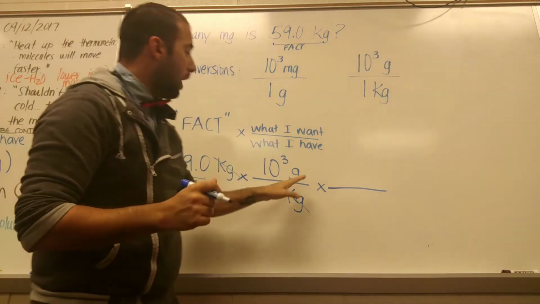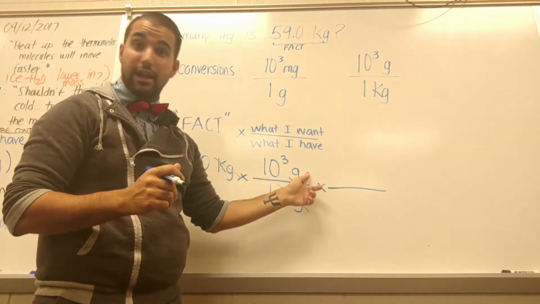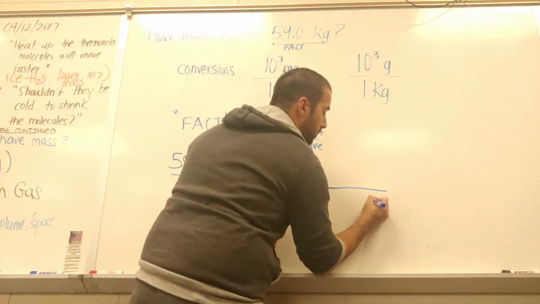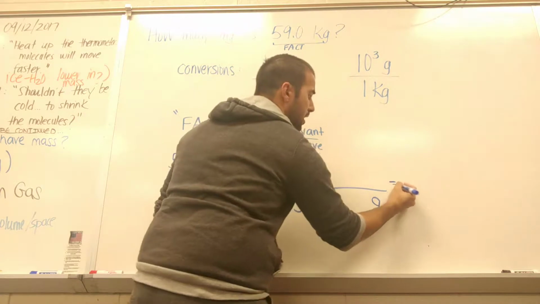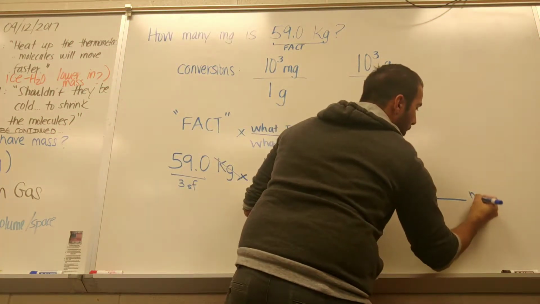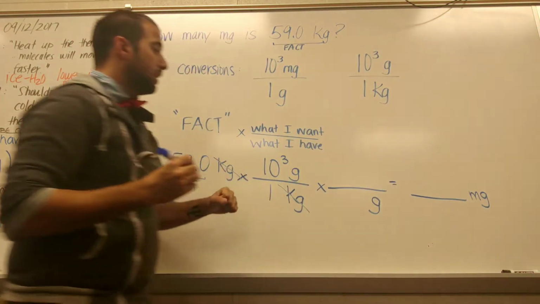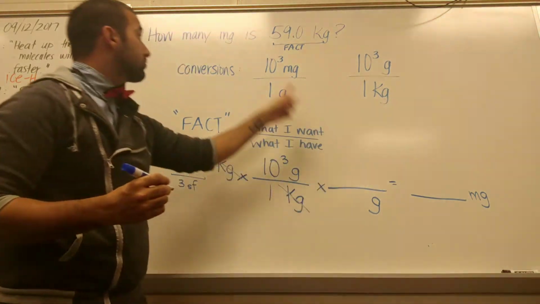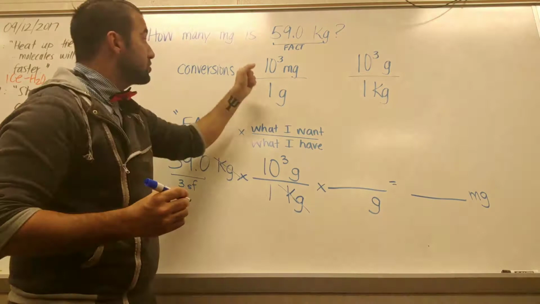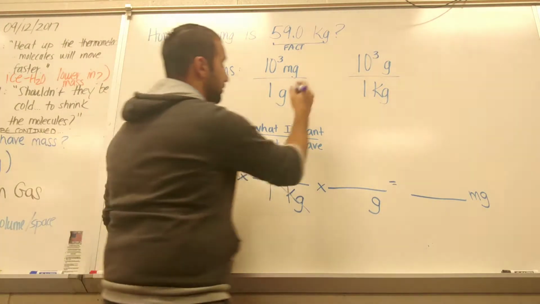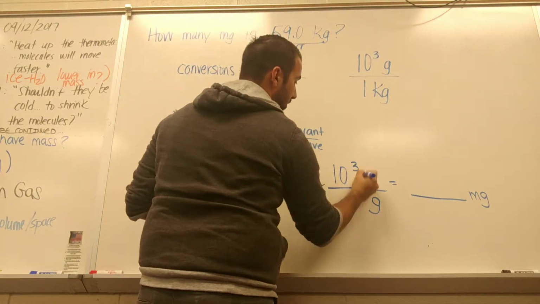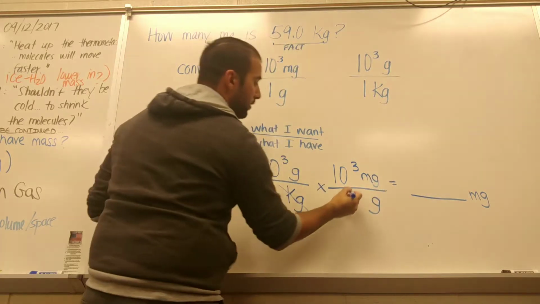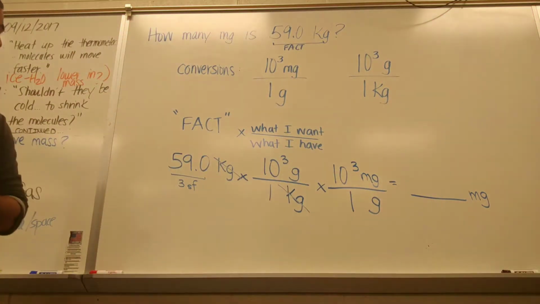So I know I have grams at this point. I need to put grams at the bottom here. I have grams, and I want milligrams. And I do have a conversion factor between milligrams and grams. That's this 10 to the third. So there are 10 to the third milligrams in 1 gram.